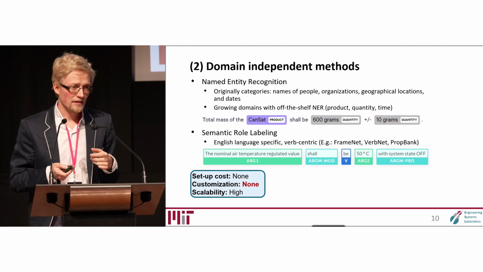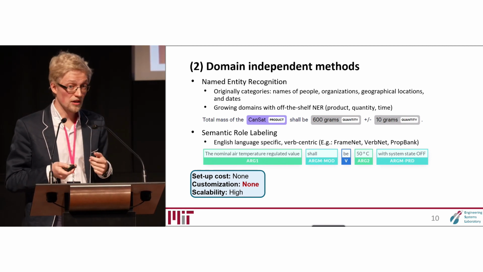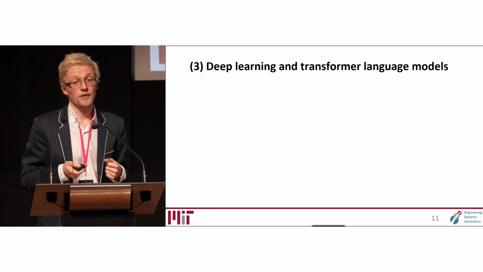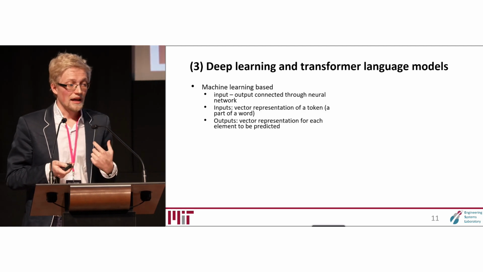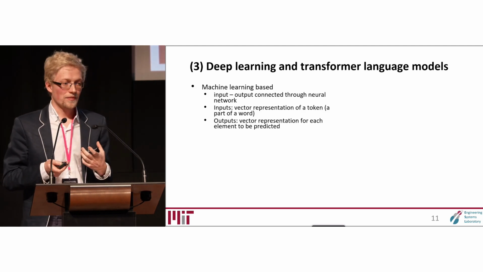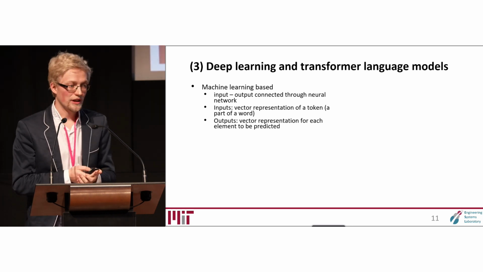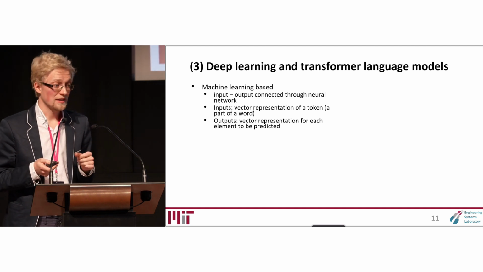The last method that I'm going to discuss today, and the most recently developed, is based on deep learning and transformer-based language models. And this is a type of technique that falls under the field of machine learning, where we take a very different perspective when we think about the sentence.